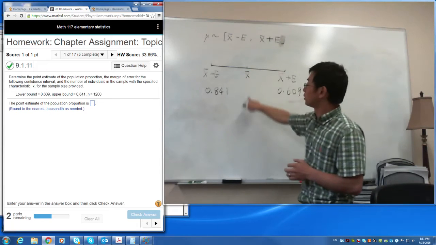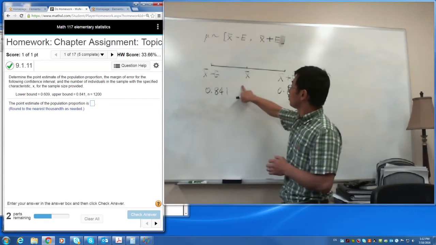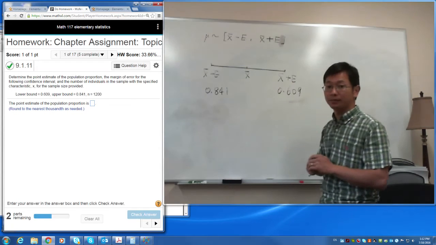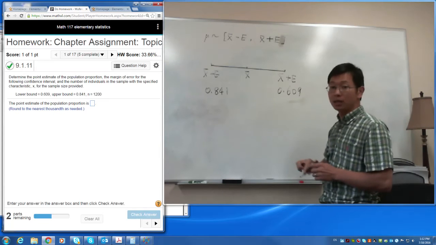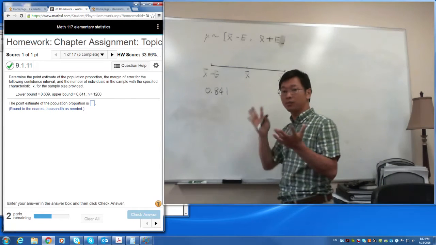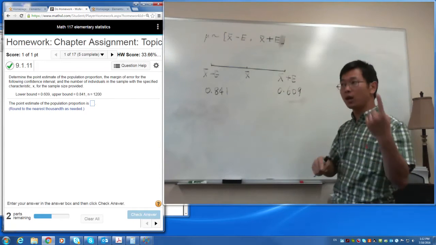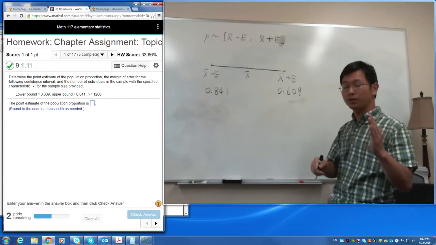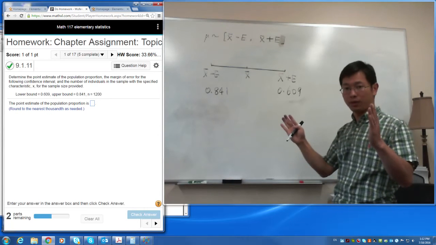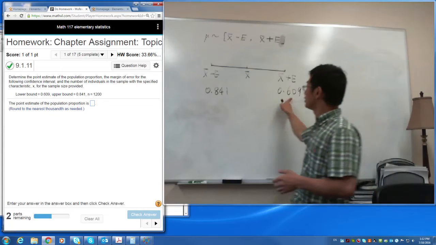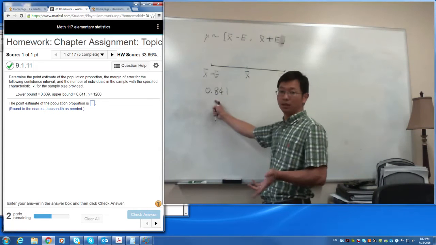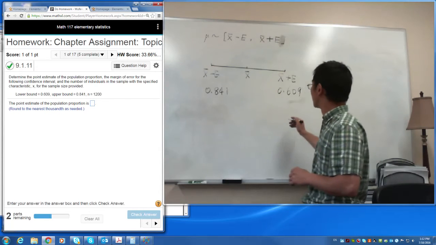I want to find the middle. What's the middle estimate? If you get a lower boundary and upper boundary, how do you find the middle? If the lower boundary is 2, the other is 4, and the middle is what? 3. 2 plus 4 divided by 2. So the upper plus the lower one divided by 2 is the middle one.